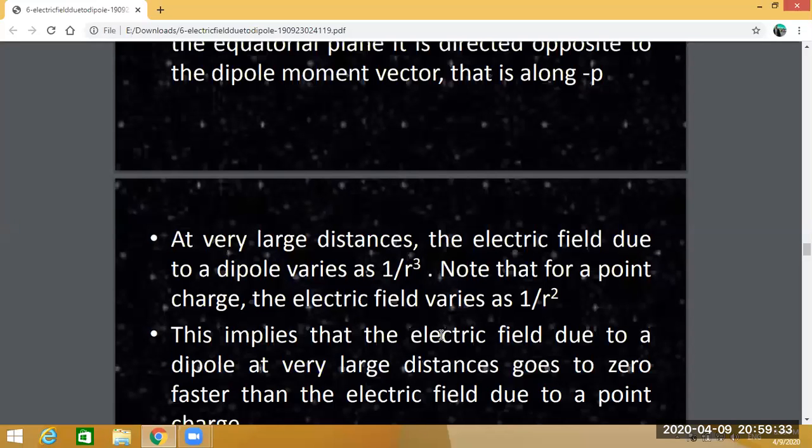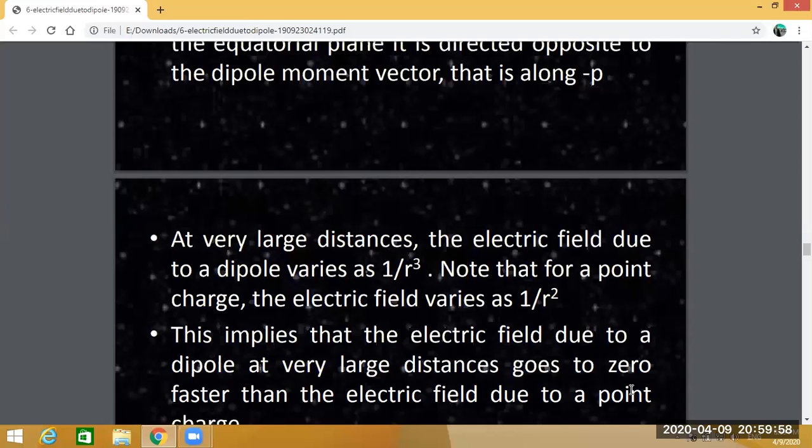So we can say that the electric field due to a point charge is spherically symmetrical, but in the case of a dipole, it is not spherically symmetrical. This implies that the electric field due to a dipole at very large distance goes to zero faster than the electric field due to a point charge.